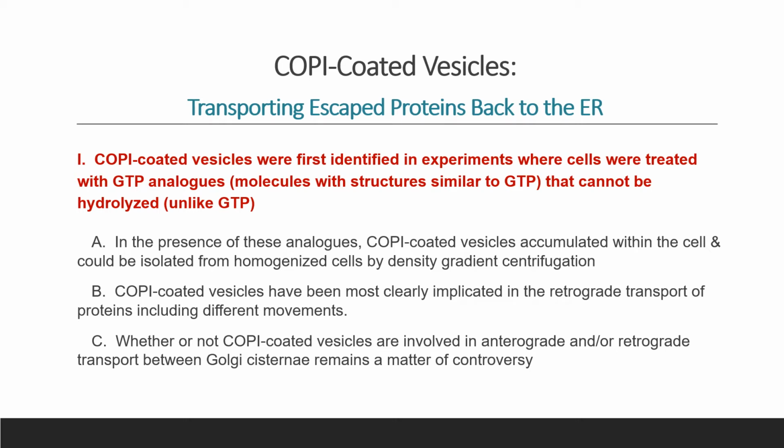And then COP1 coated vesicles have been most clearly implicated in the retrograde transport of the proteins, including some movements, and whether or not COP1 coated vesicles are involved in the anterograde and or retrograde transport between Golgi cisternae remains a matter of controversy.